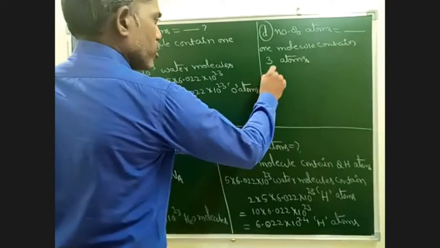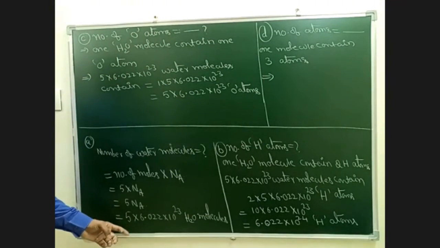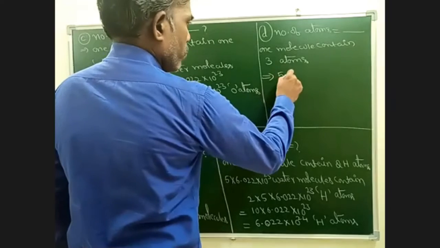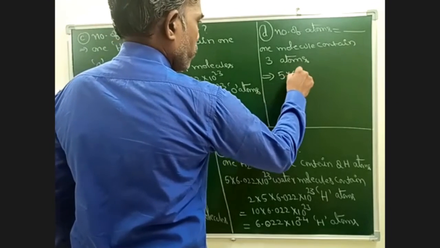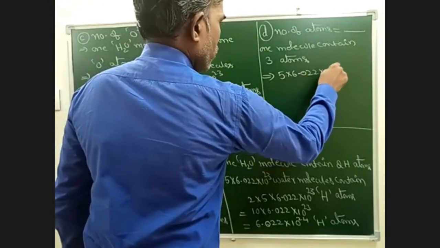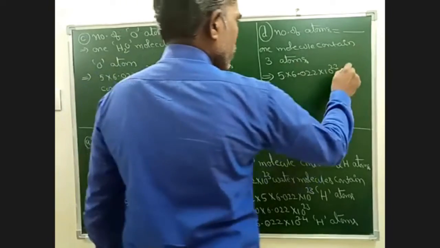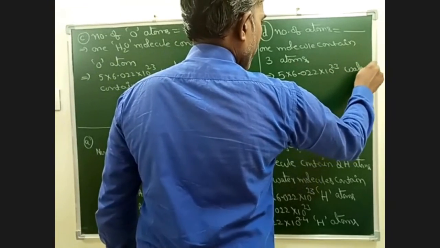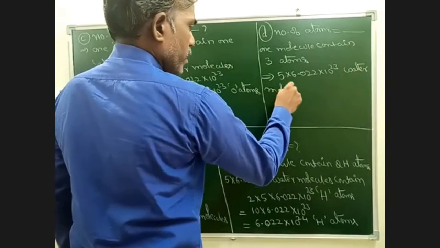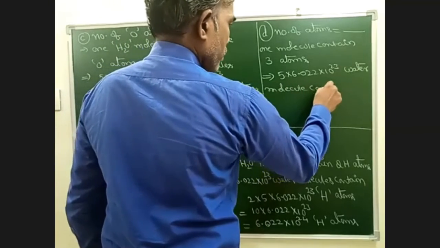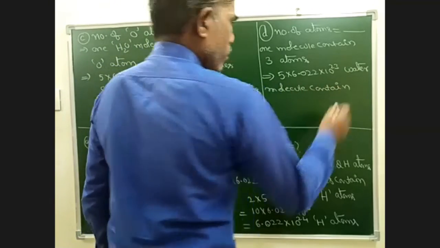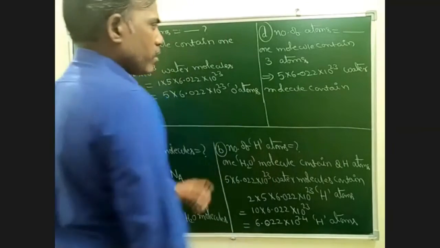But how many molecules do we have here? 5 into 6.022 into 10 power 23 water molecules.